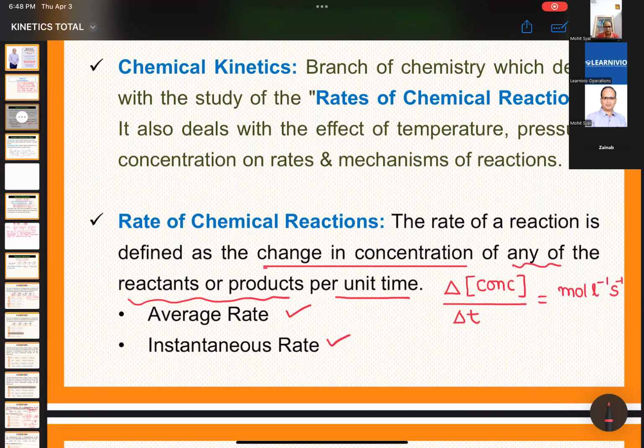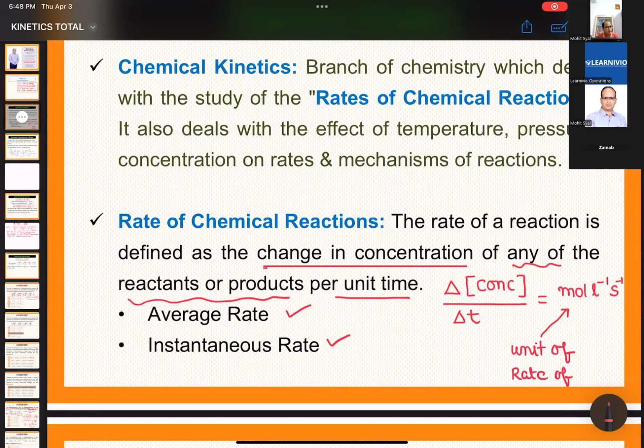Do stop me if you have some confusion or if you want to add something new. Surely you can stop me anytime. So this is the unit of rate. You told me that the rate is measured by the rate of change of concentration, and this is the unit of speed of a chemical reaction, or unit of rate. Should we write it down?